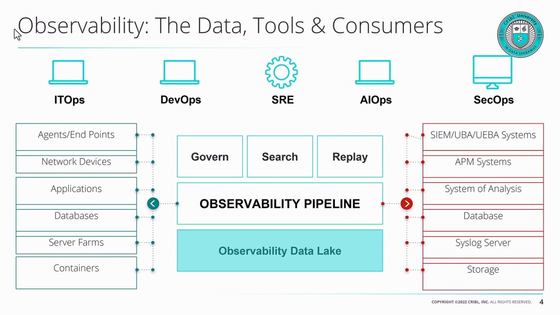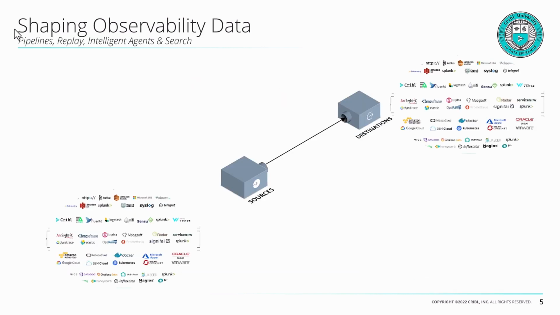And up across the top are five key organizations: IT ops, DevOps, SRE (site reliability engineers), AIOps, and SecOps, that all use this data and use different systems differently. As it flows through what's called the observability pipeline, we shape it and make things happen. And that's what I really want to talk about today.